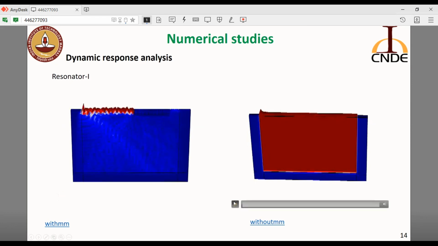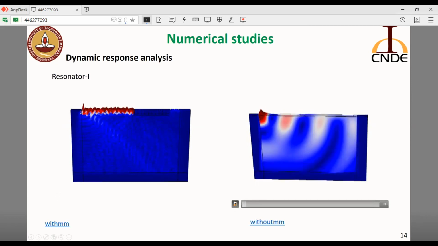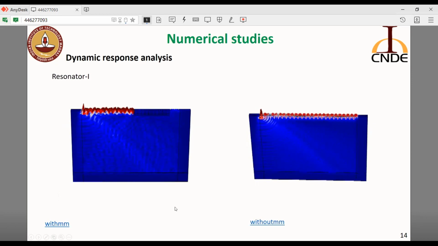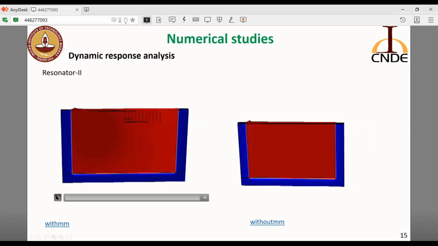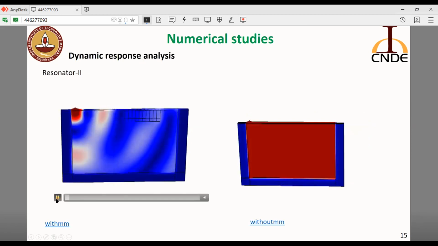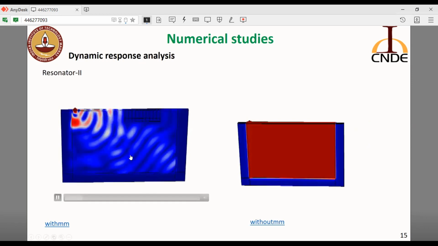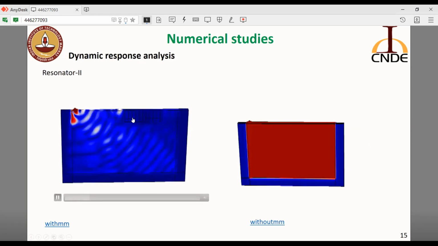And here I haven't used any metamaterial, so I'll play this as well. We can see that waves are continuously moving. There is no stoppage. Again, this is for the second resonator, and the effect is again that the wave is not passing our metamaterial.